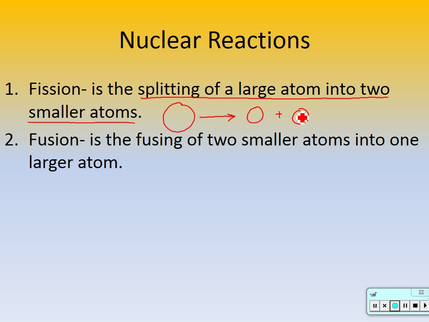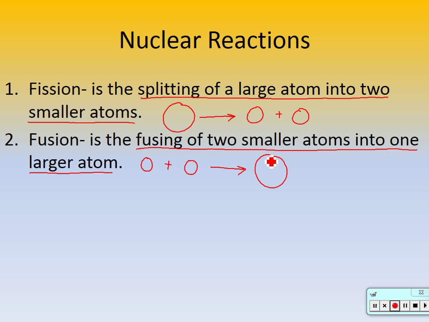Okay, let's contrast that to the other type of nuclear reaction called fusion. Fusion, like it says here, is the fusing of two smaller atoms into a larger atom. So this is kind of the opposite of fission. We're taking two smaller atoms, and a fusion reaction takes place, and it makes one larger atom.